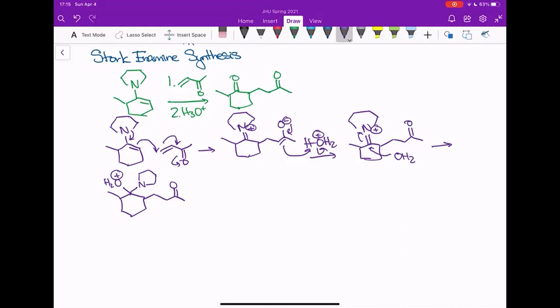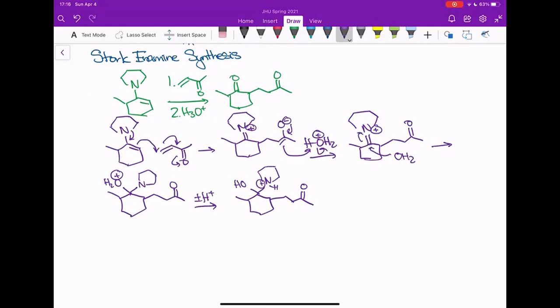So now our goal is to shift around protons so that we can make this nitrogen group a good leaving group so that we can kick it off. So from here, we're going to do a bit of a proton transfer. So that nitrogen group is going to be positively charged.